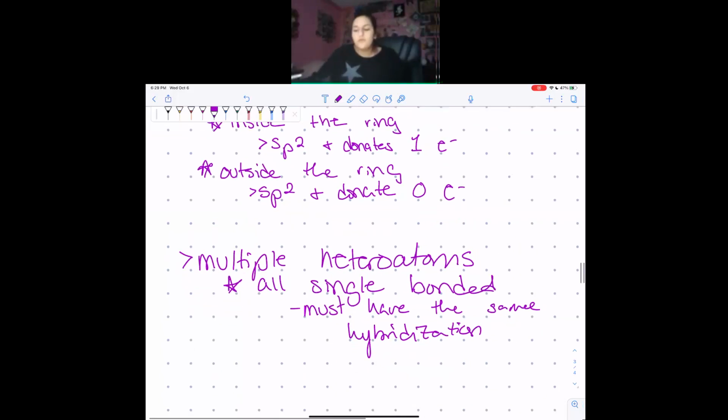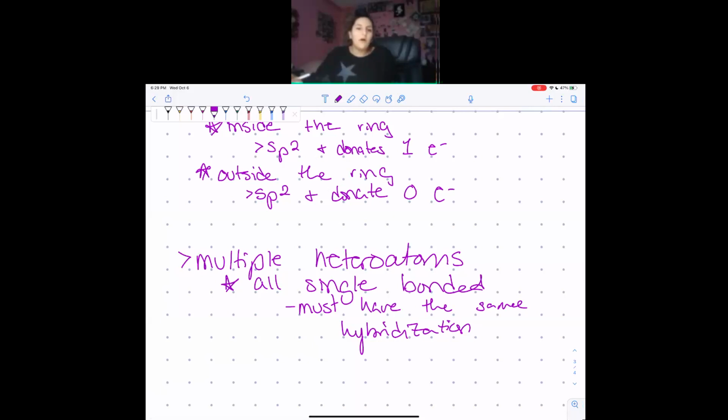So if you have multiple heteroatoms and they're all single bonded, they all must have the same hybridization.